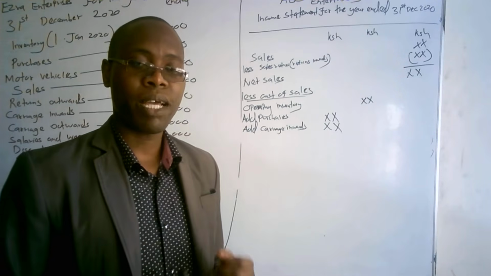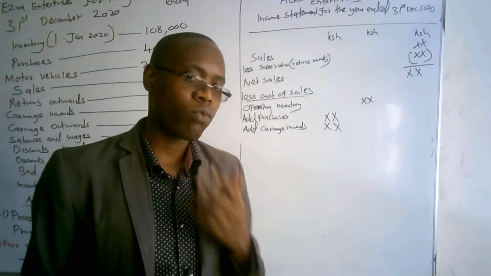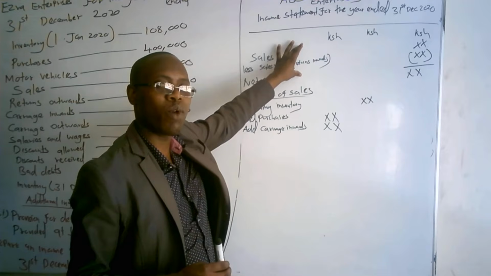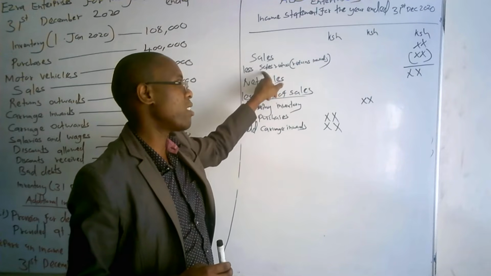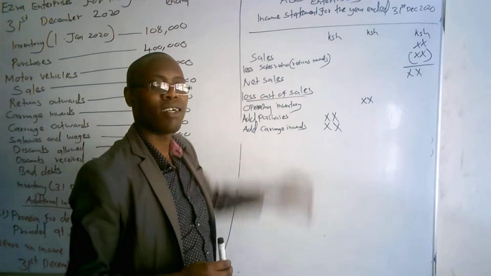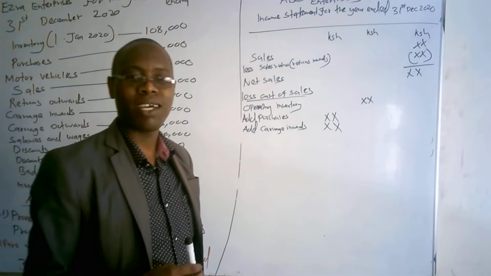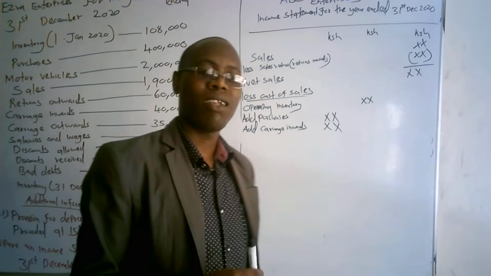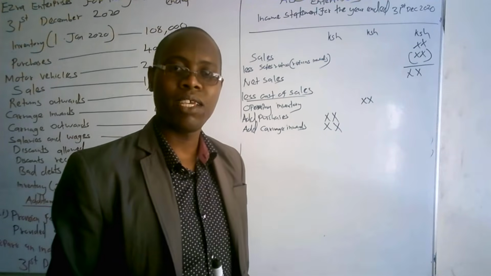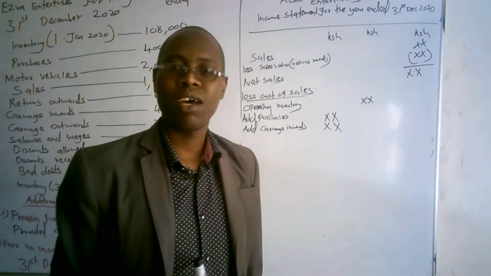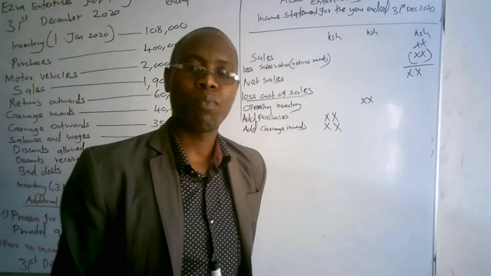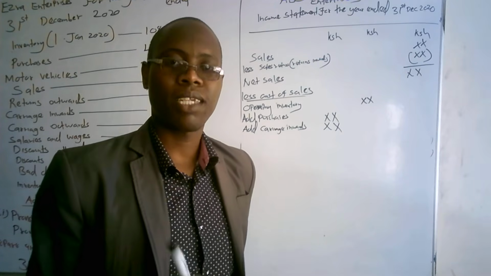So again, most of the students are going to confuse between carriage inwards and the returns inwards. You can see returns inwards and the sales returns. So don't confuse. Returns inwards is, sometimes you can make sales on credit, and when you have made sales of 100,000 on credit, whereby they do not give you cash, and then your credit customers decide to return those commodities, maybe 20,000, because it has expired.